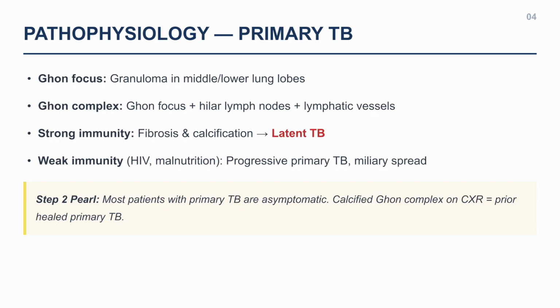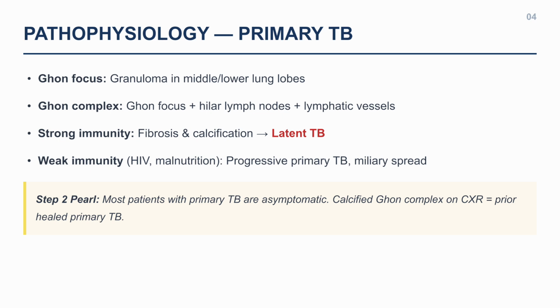Primary TB occurs with the first exposure. The initial granuloma, called the Ghon focus, forms in the middle or lower lung lobes where ventilation is highest. Together with the involved hilar lymph nodes and connecting lymphatics, it forms the Ghon complex. In patients with a strong immune response, the granulomas undergo fibrosis and calcification, leading to latent TB.